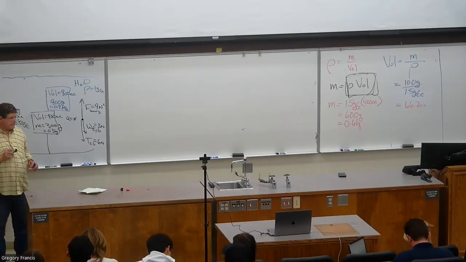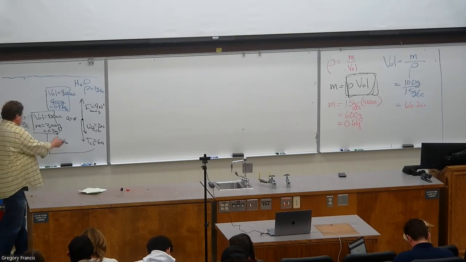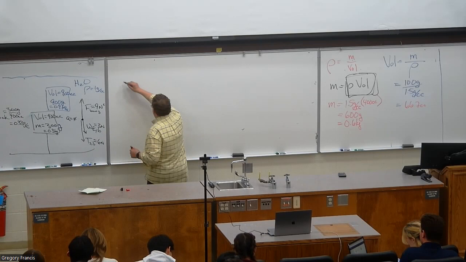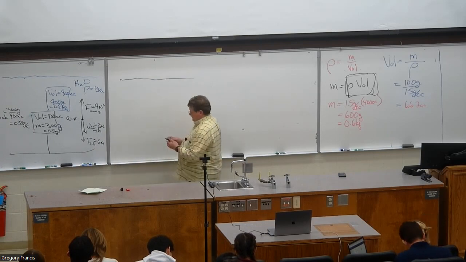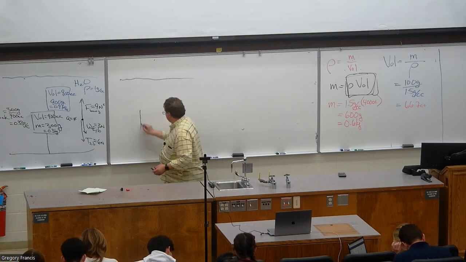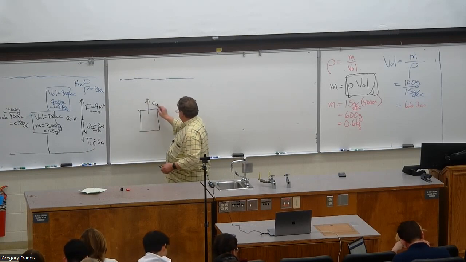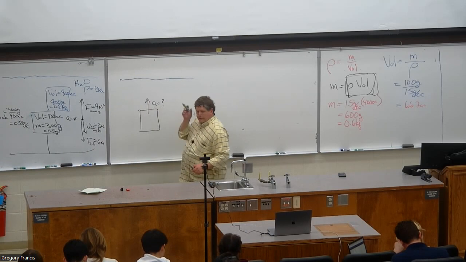Okay. Now, the next part of this kind of problem is you cut the string and you ask the question, what is the acceleration of that block right after I cut the string?